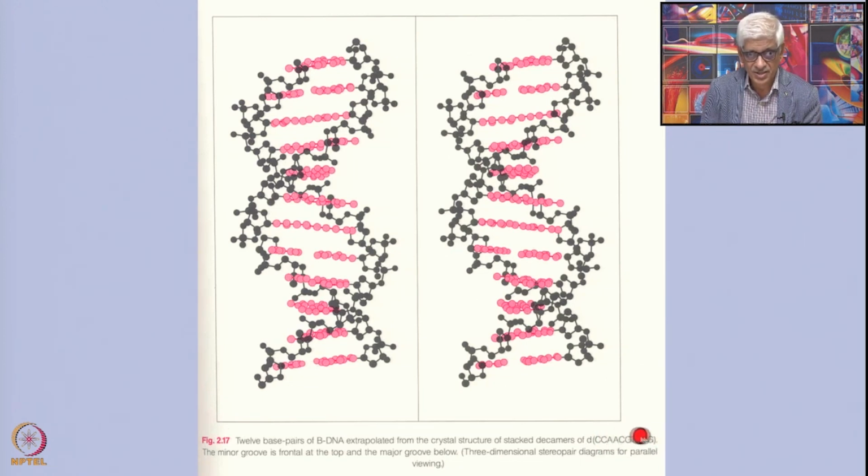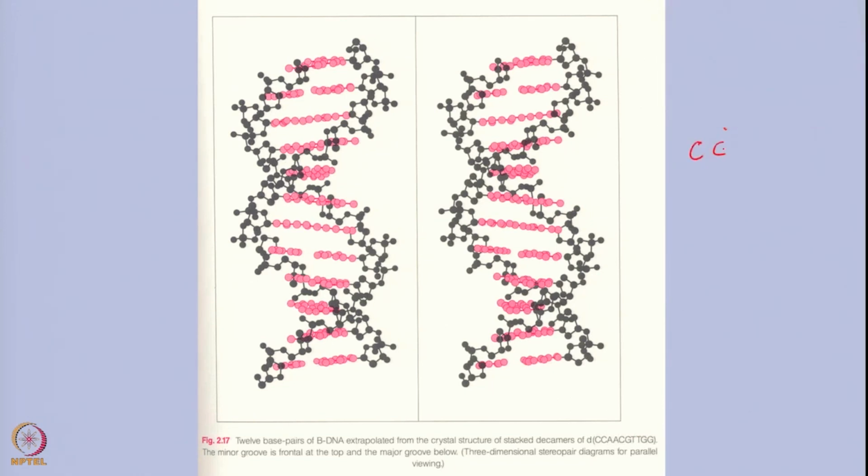Okay. Notice here this is self complementary. What is the meaning of self complementary? If I write here the sequence CCAACGTTGG, now this is the 5' end and this is the 3' end, right.